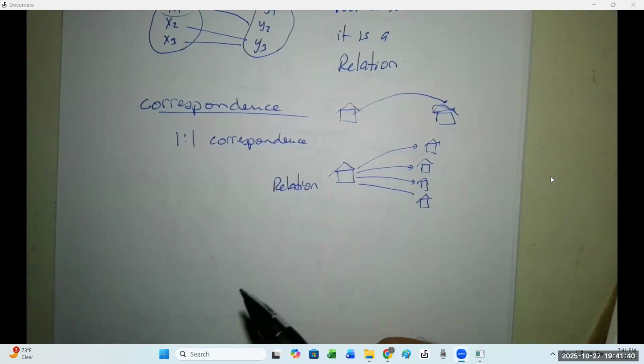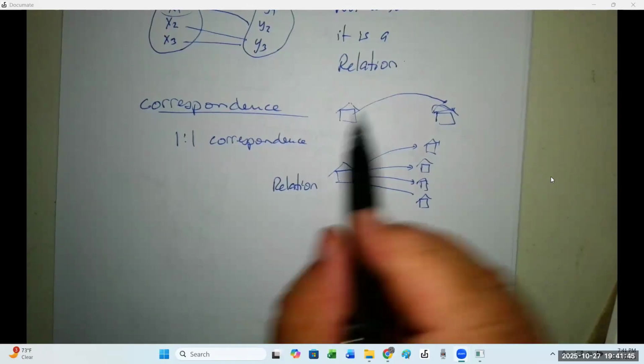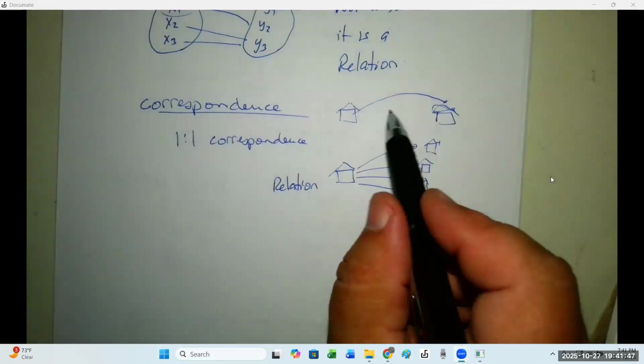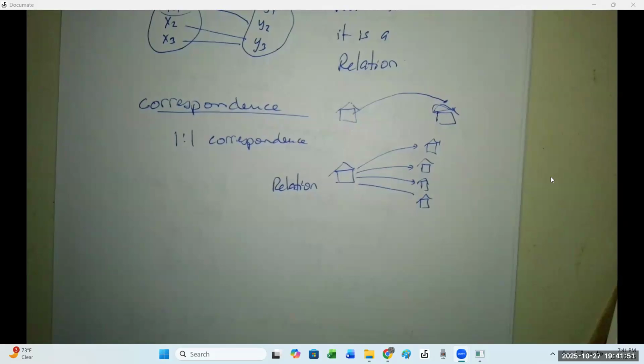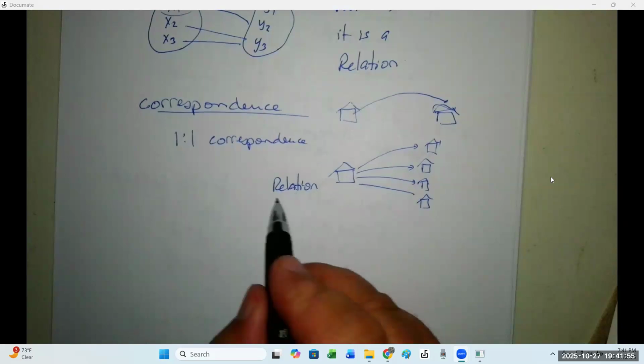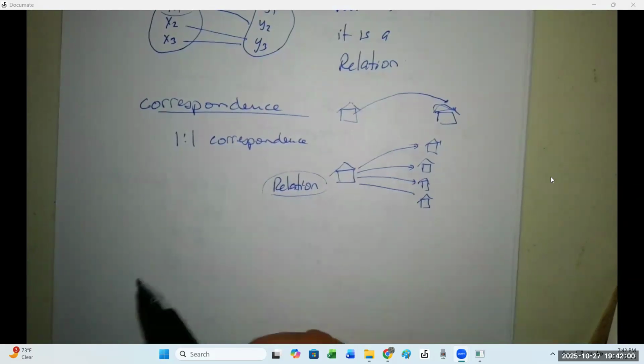Which is kind of the same thing as relationships. If it's a one-to-one relationship, then they correspond to each other. Husband, wife, boyfriend, girlfriend, and so on. But a relationship, you're not tied down. One person could have multiple friends, multiple relationships. So that's how it all works out.